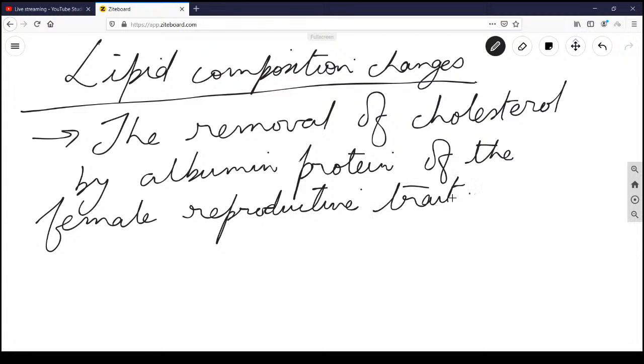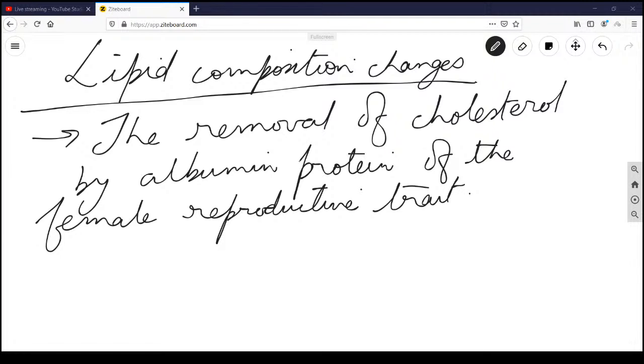Now, what happens is the cholesterol efflux, which means cholesterol is being removed. Cholesterol efflux from the sperm cell membrane, the research is still ongoing, but the hypothesis is that it is thought to change the location of the lipid rafts. You might have learnt about lipid rafts in class 11th.